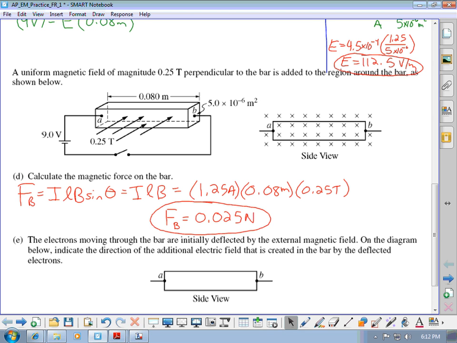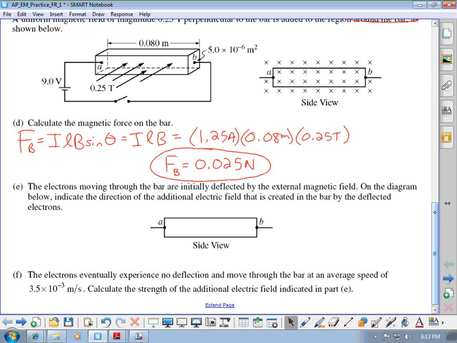We did lots of these problems with the force on a current carrying wire. This is the simplest force on a current carrying wire that you can have, where it's just ILB, where the angle is 90 degrees, so you don't have to do the sine of any angle. It's just recognizing that you can calculate that current and that you know all of the other things.